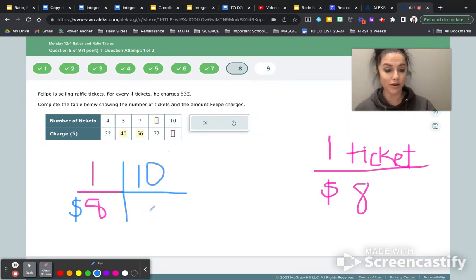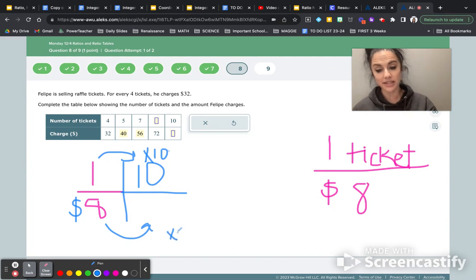And we want to know how much it costs. So same pattern. 1 times 10 gets us 10, right? So if I take the number of tickets times 10, I have to take the cost and multiply that by 10, right? So that would give me $80 for 10 tickets, okay?